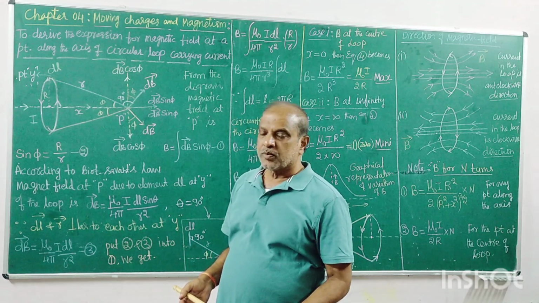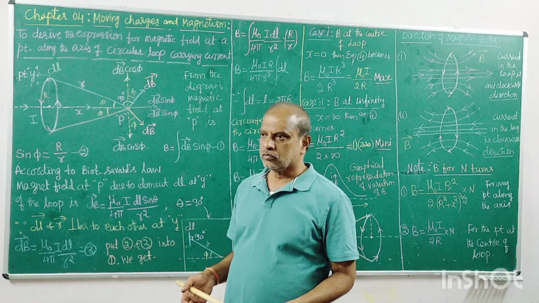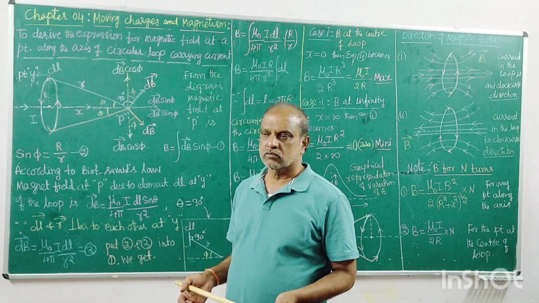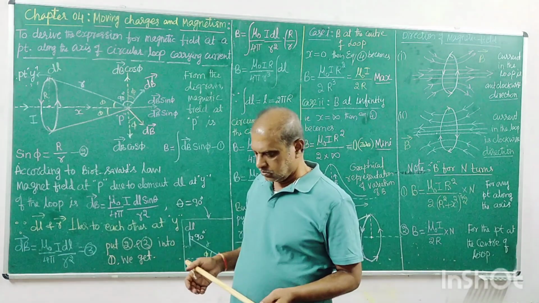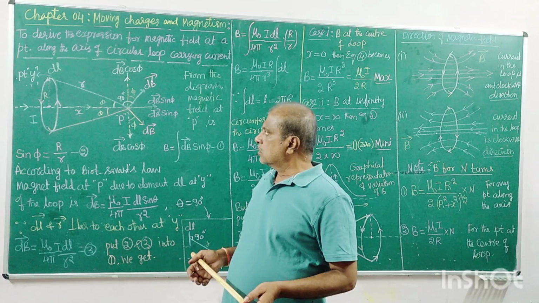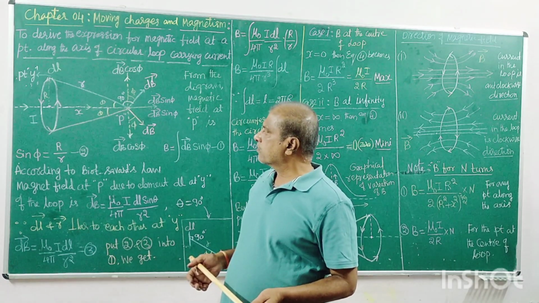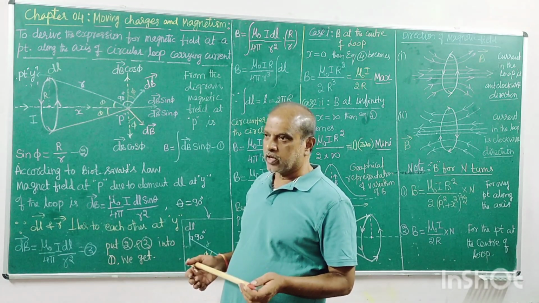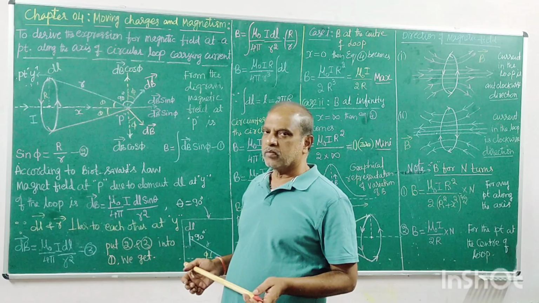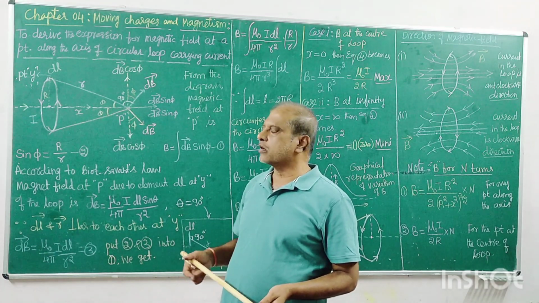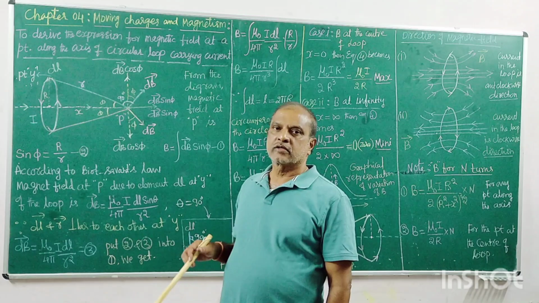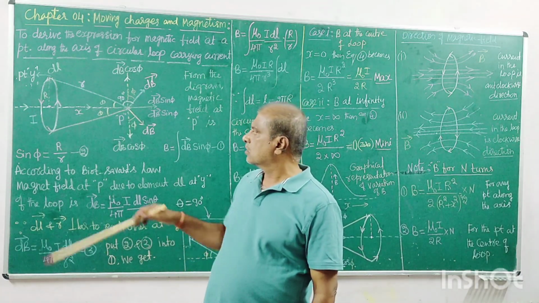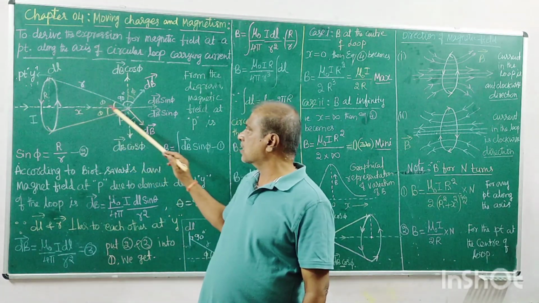About this concept, we can obtain a mathematical expression. That is what we are going to derive: the mathematical expression for the magnetic field at a point on the axis of the circle.